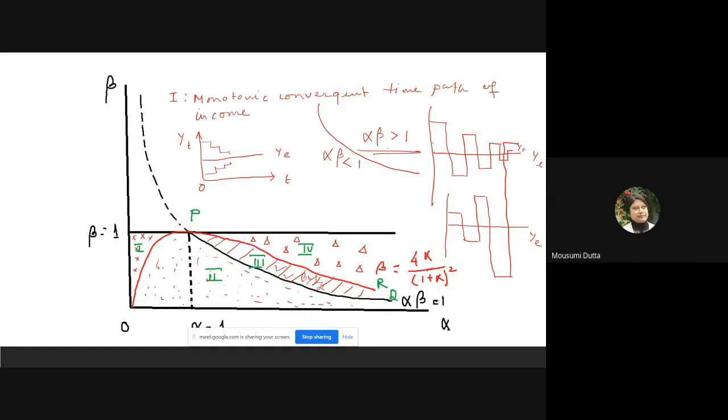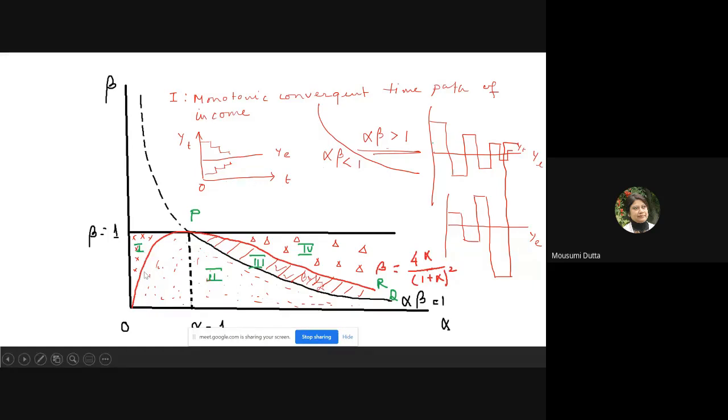So everybody could draw up to the explosive oscillatory time path of income. Next. Can you explain the second condition also once more? Like the beta less than 4 alpha by 1 plus alpha whole square. Because zone 3 is lying below the line beta is equal to 4 alpha by 1 plus alpha whole square.